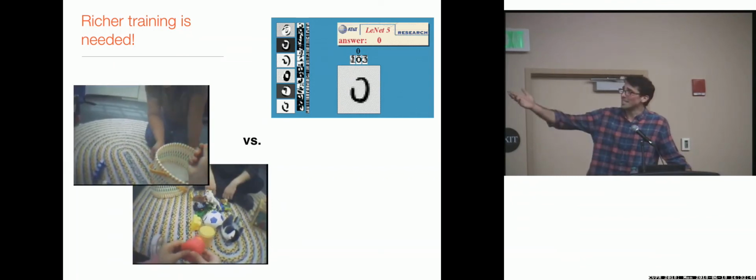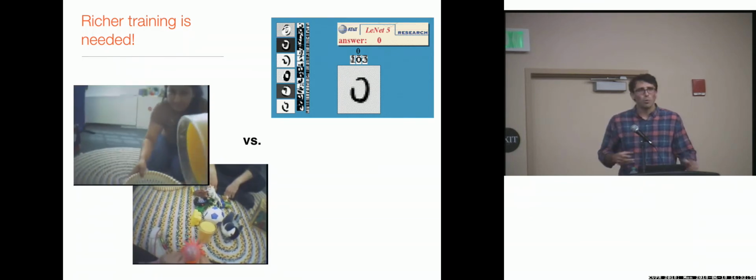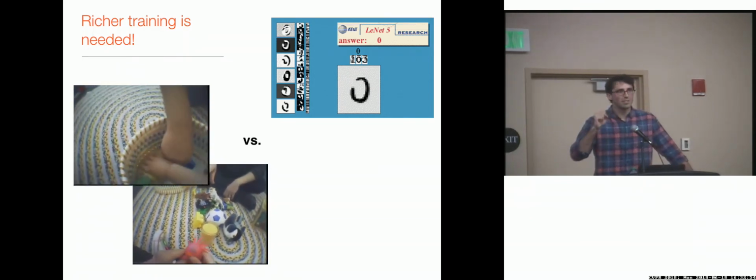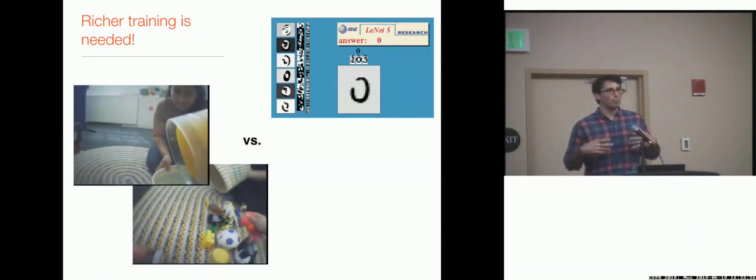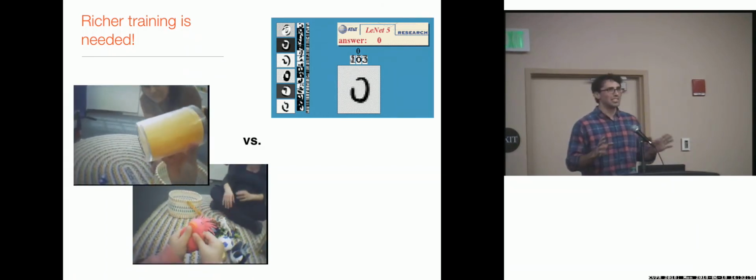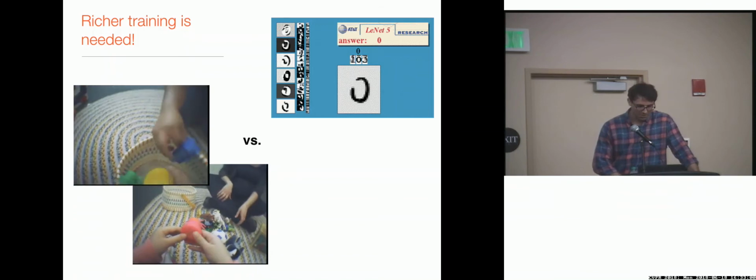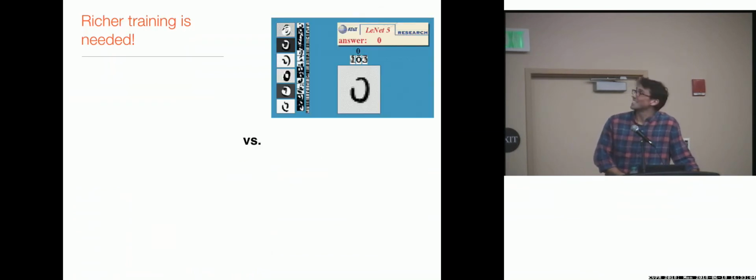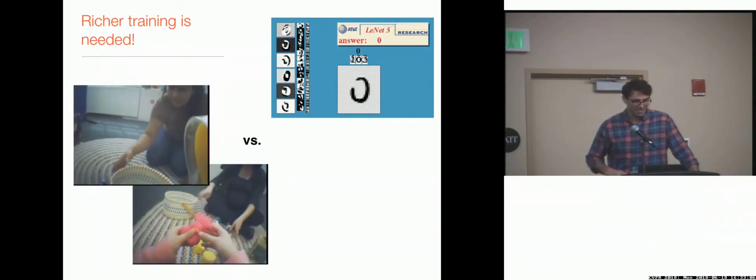And you can see right here the way that the toddlers are looking at the objects, morphing the objects. Maybe this is biological data augmentation, I don't know. But it's surely different than the classic LeNet MNIST training.